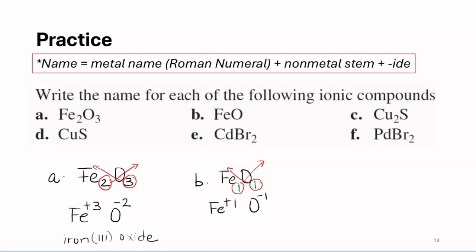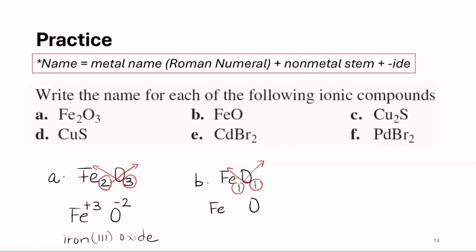But as we saw in example A, oxygen is not minus 1. Oxygen is always minus 2. So in this case, we have to erase those charges and then think about why there were no subscripts.